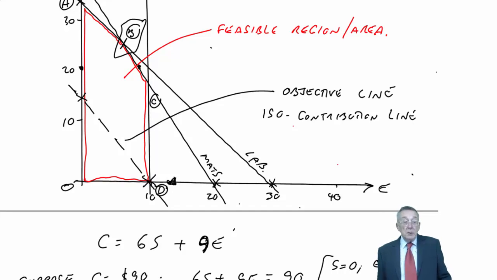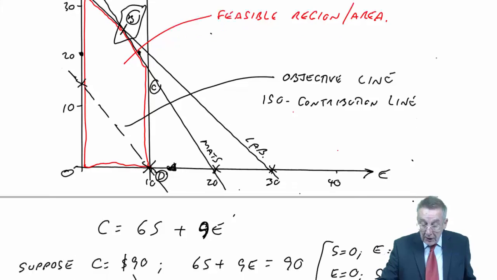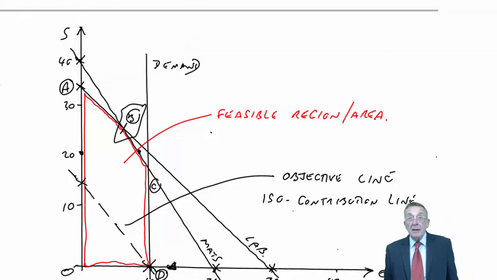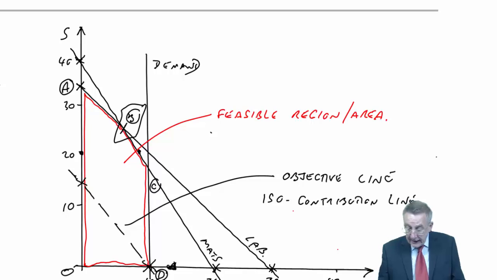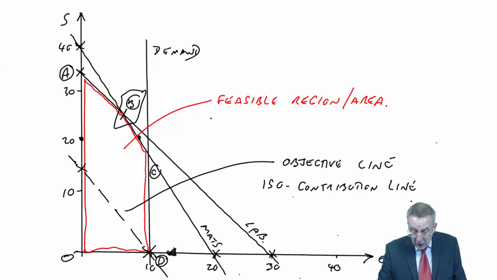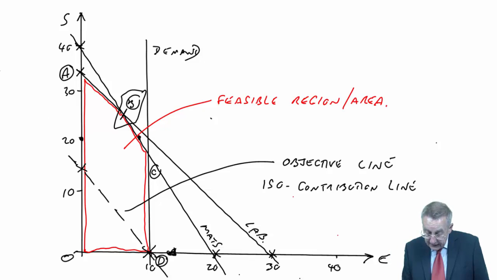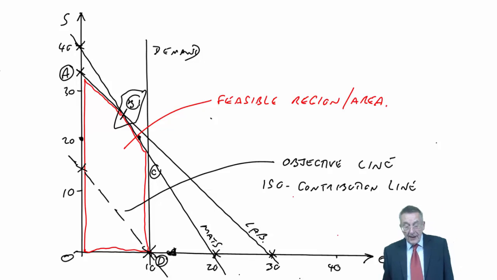So I do now know that maximum contribution will occur at point B, but of course we do need to know how many units of S and E there are. From the graph, bearing in mind mine's not perfectly accurate, it looks as though it's somewhere around 5 E's and 25, 26 S's.